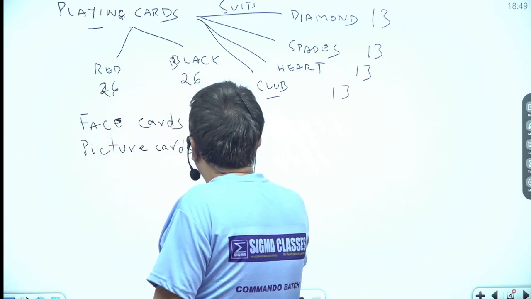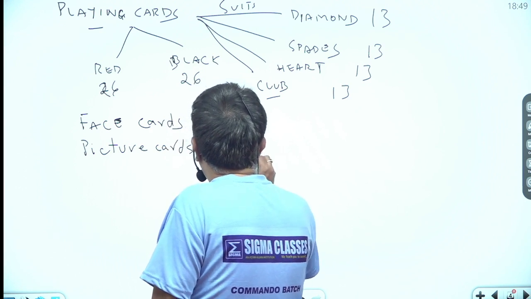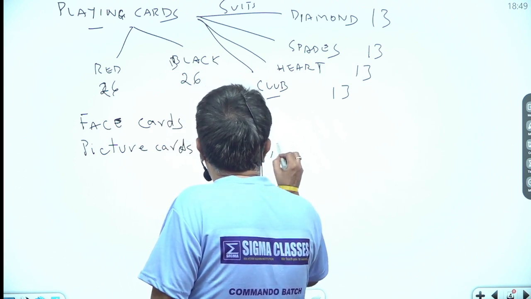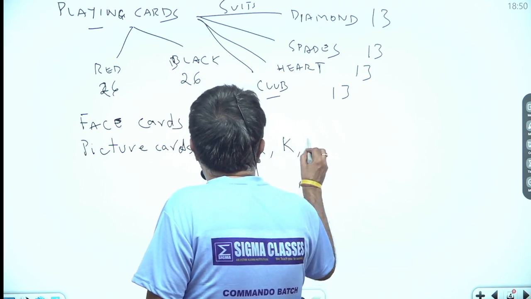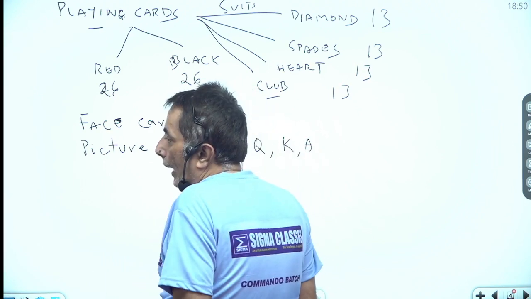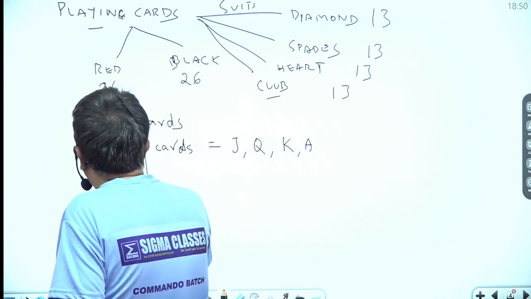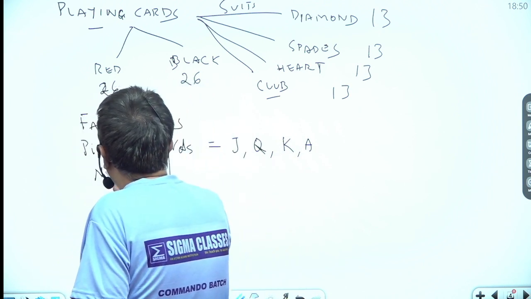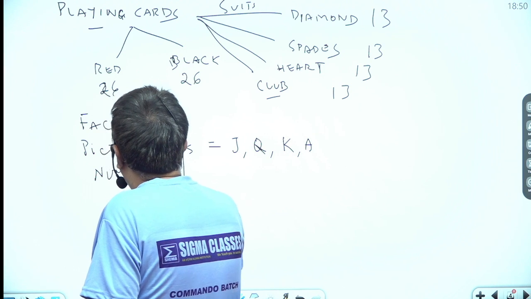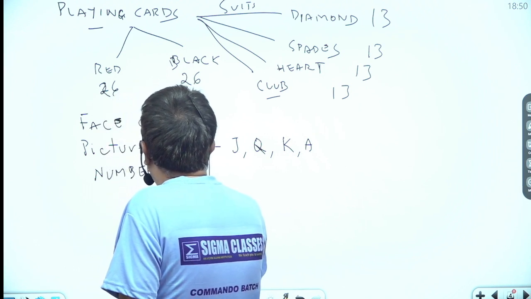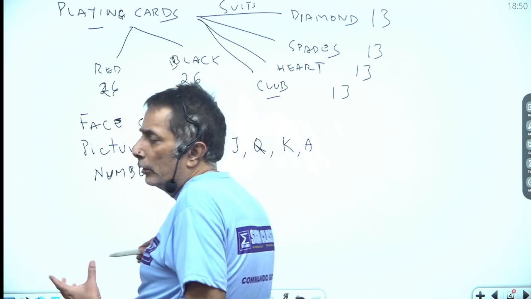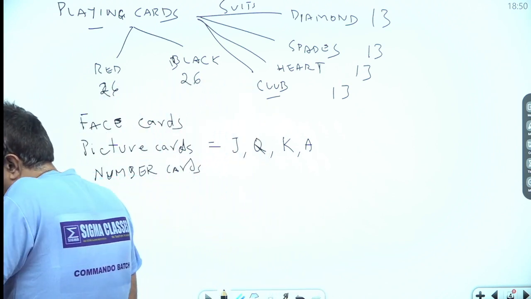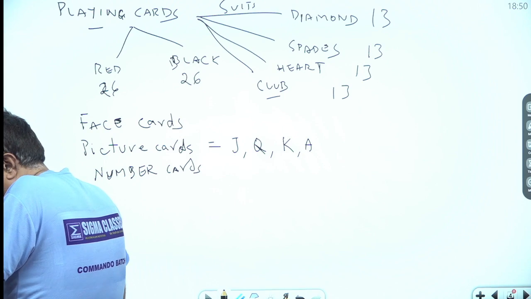So picture cards are Jack, Queen, King and Ace, and the number cards are the remaining cards which are there. So these are the similar simple terminology which you need to know.